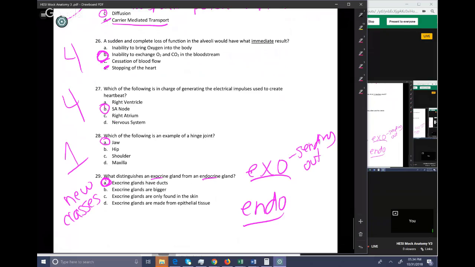So like a sweat gland has a duct because it needs to not only secrete something, but actually take it somewhere. So it needs its own road, and its own road is called a duct. We cannot say with 100% certainty in every single case that every exocrine gland ever in the history of the world is bigger than every endocrine.